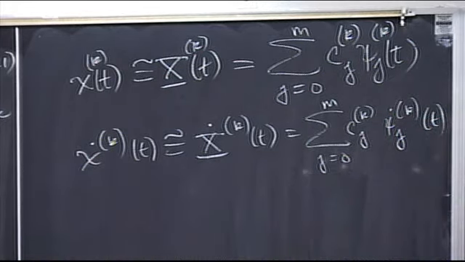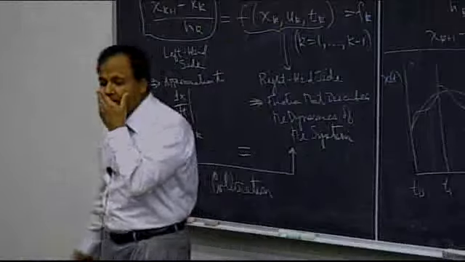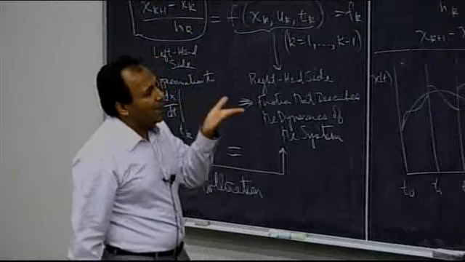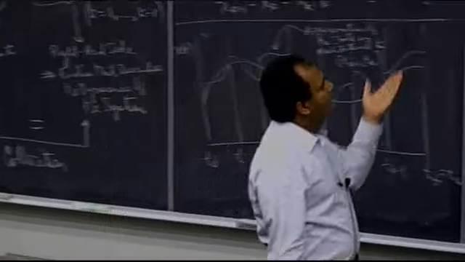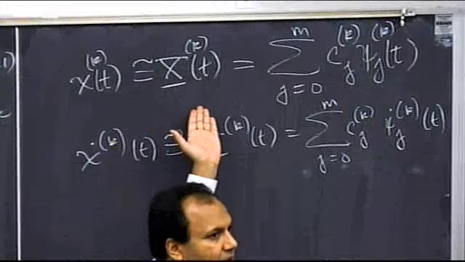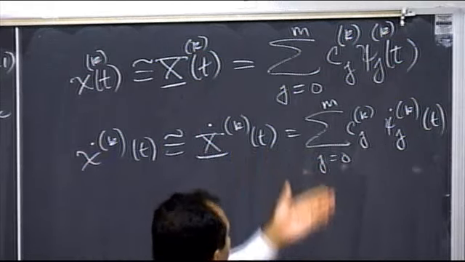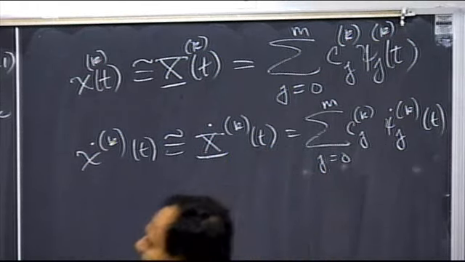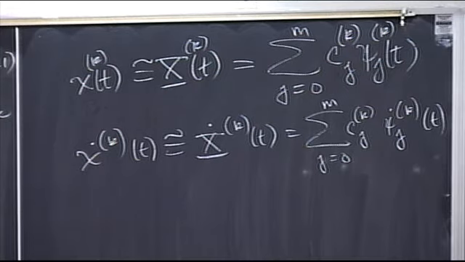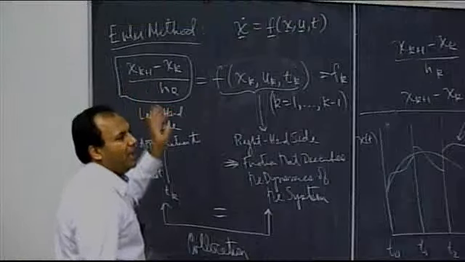Well, that only tells you part of the story, because I have this function, which I've approximated by this other function, and I can differentiate that function. I can get this approximation to the derivative. That gives me information about the right-hand side.